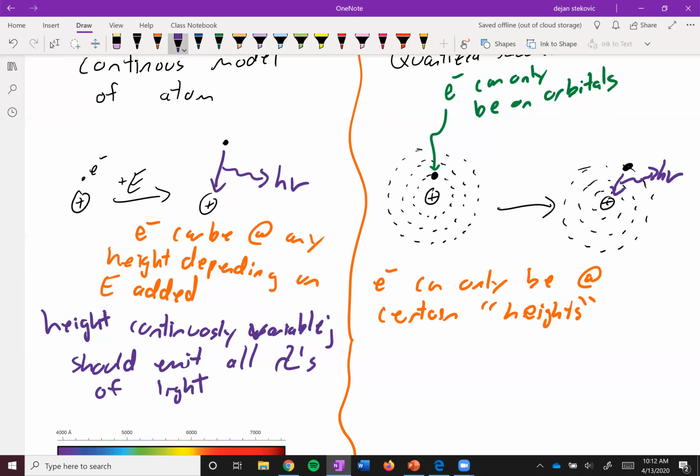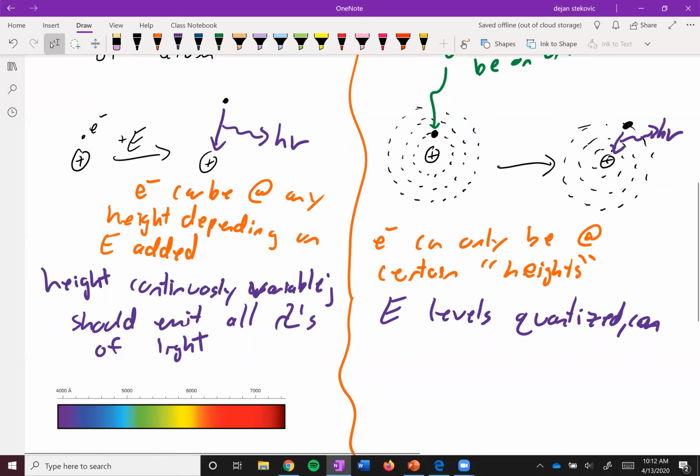And so since this height is quantized, the energy levels emitted are also quantized. And so if these energy levels are quantized, then your atom only has some choices of ways to relax, right? It can relax from like the fourth to the first orbit, but it can't relax from the fourth orbit to the 1.5 orbit, right?